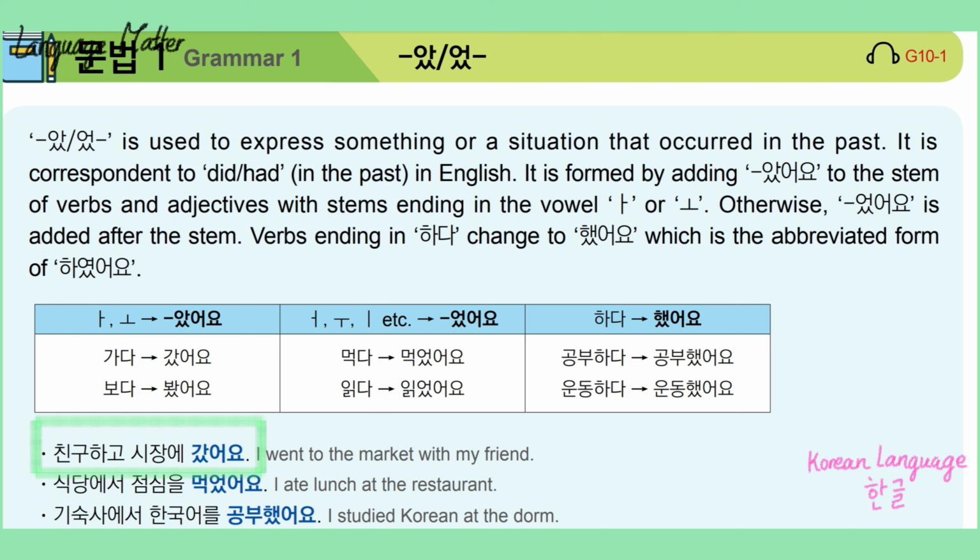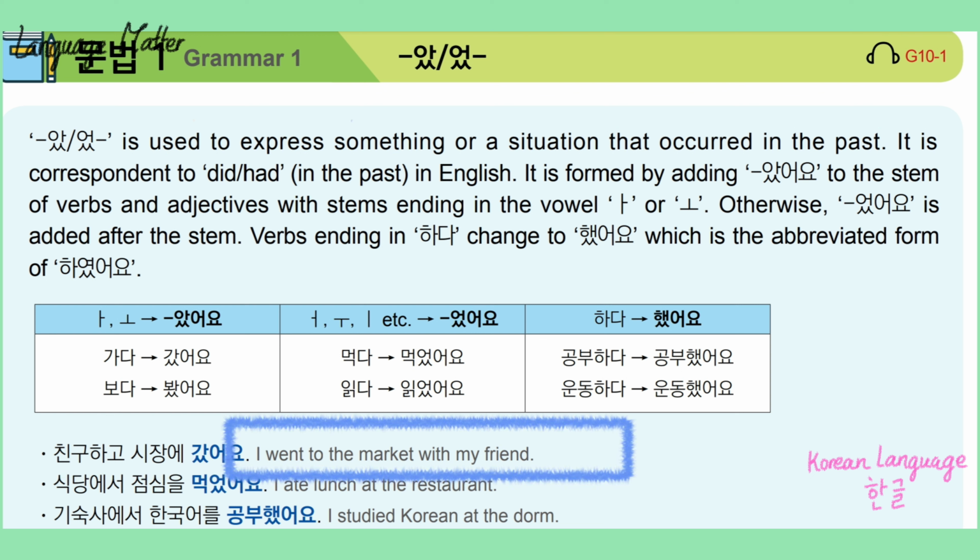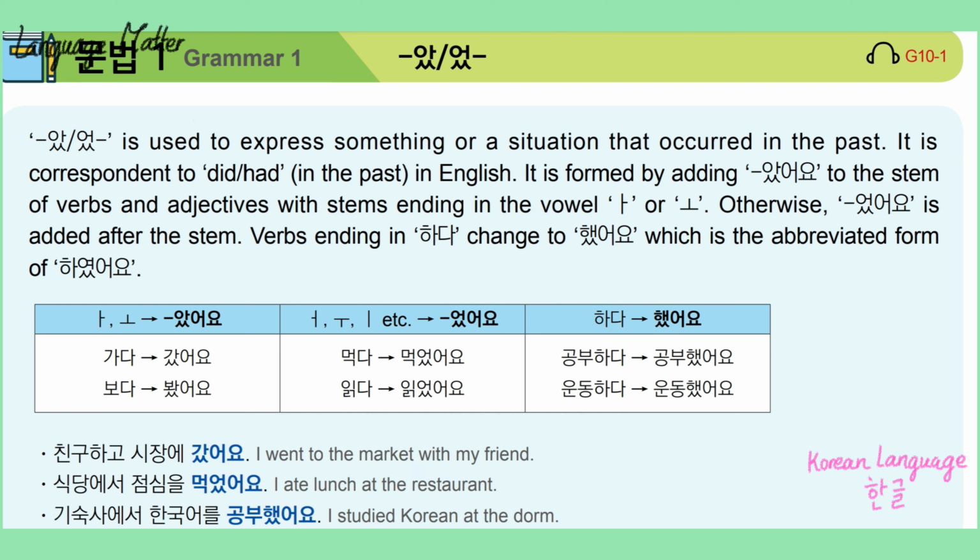Now let's listen to some more examples in full sentences. 친구하고 시장에 갔어요. I went to the market with my friend. Oh, look at this. There's a 하고 again. What's the first noun? 친구, friend. But what's the next noun? 친구하고 I, right, it's about you.